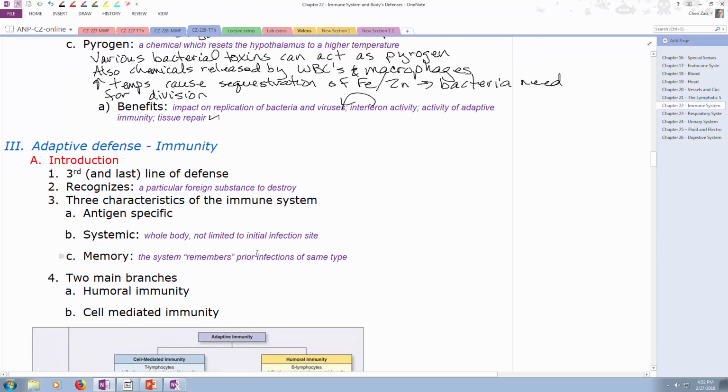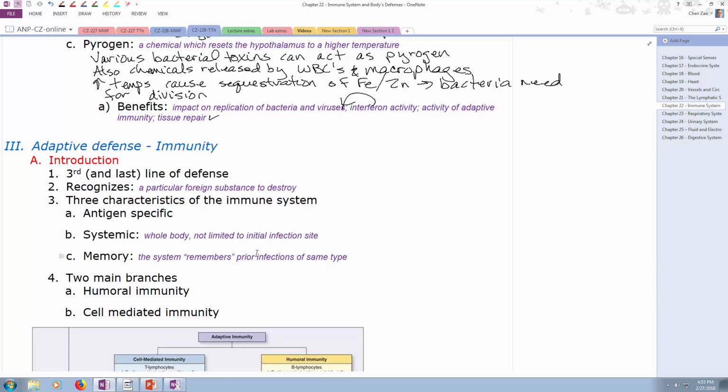That's just the innate system taking care of you. Now we're going to the adaptive system, which people call the immune system, or actually immunity. So what was our first line of defense from invasion? Skin, surface barriers, and anything associated with that. And then the second line was cells and chemicals.